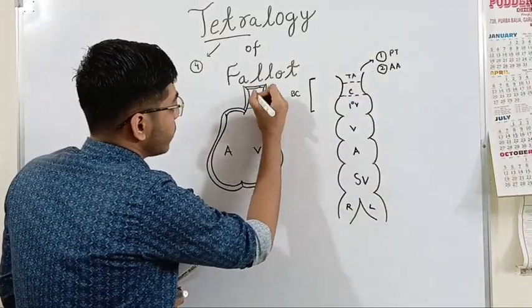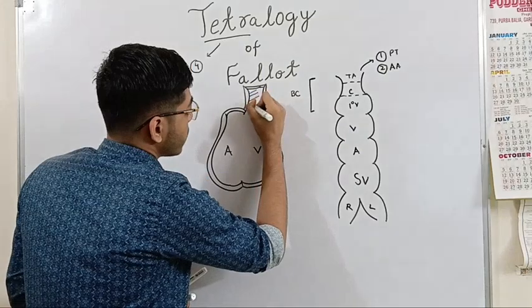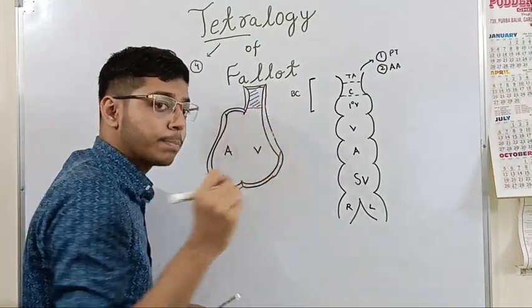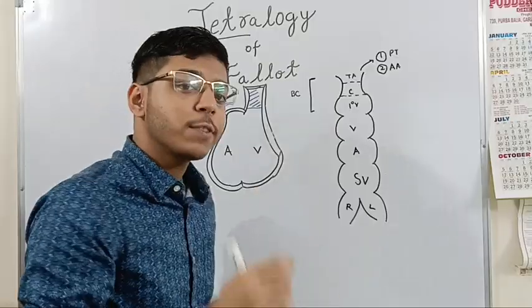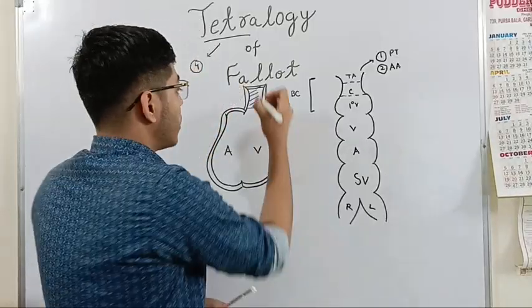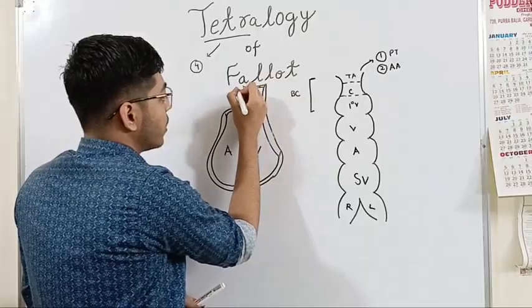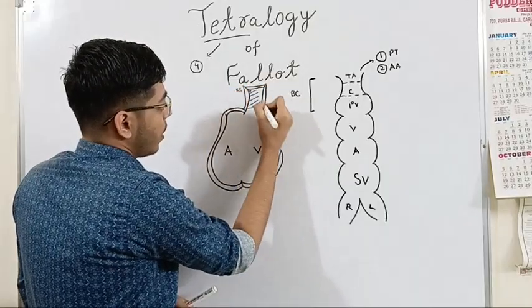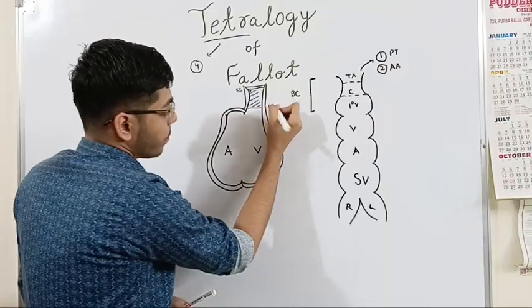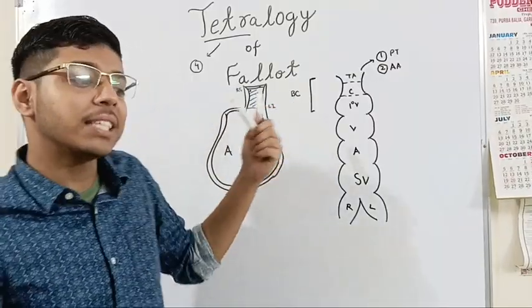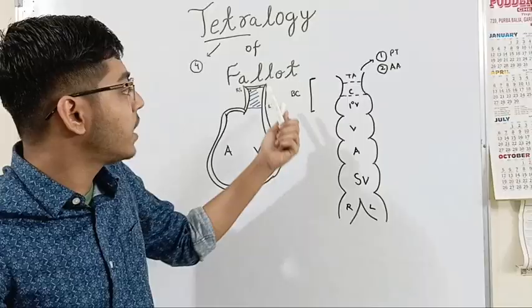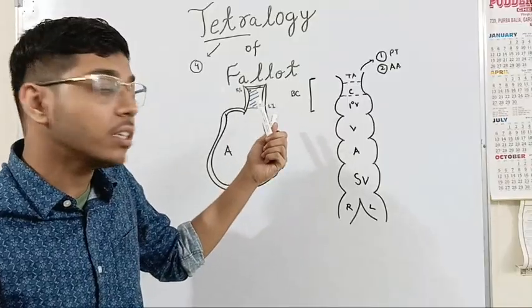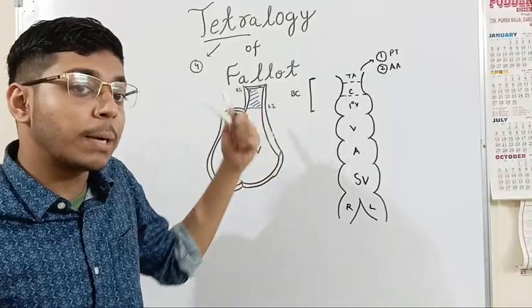It arises from two swellings located in the right superior quadrant and the left inferior quadrant. It is known as the spiral septum because of the spiralization of the septum.